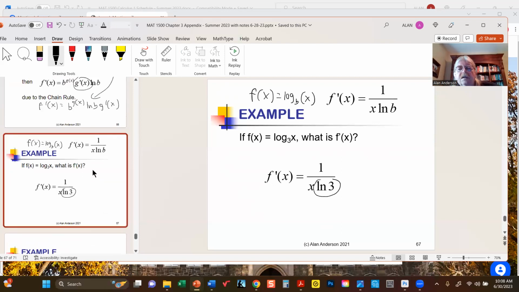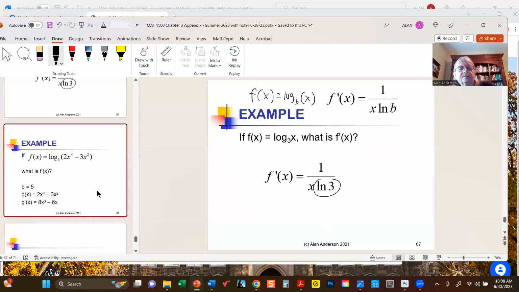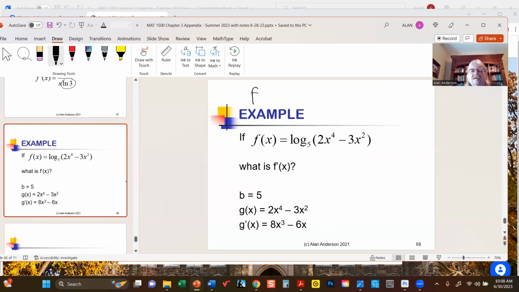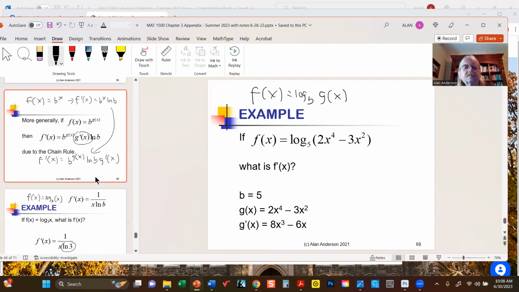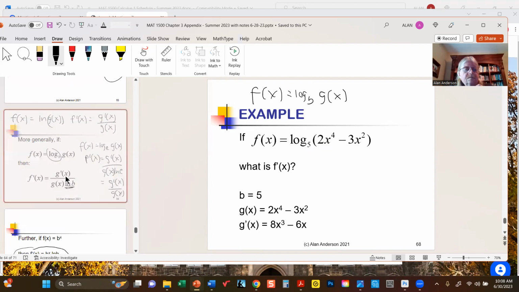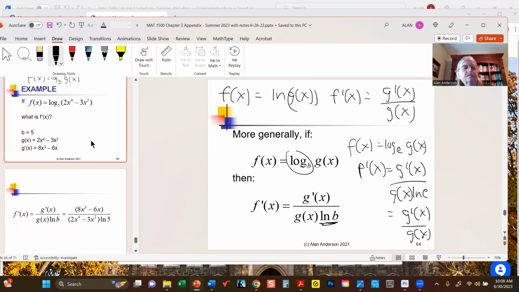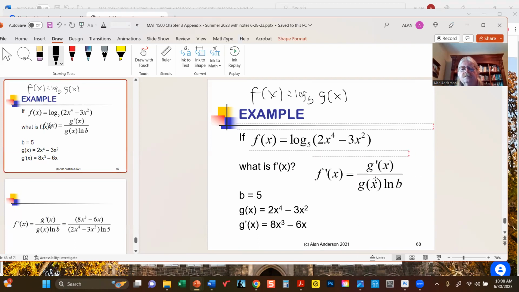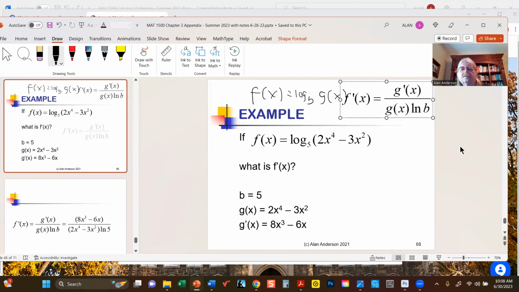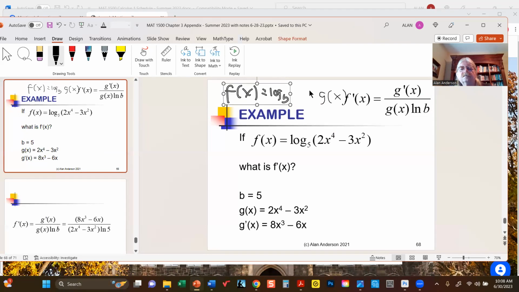And then, of course, if we have a function g of x, then f prime of x, let's just go copy that formula. There we go.